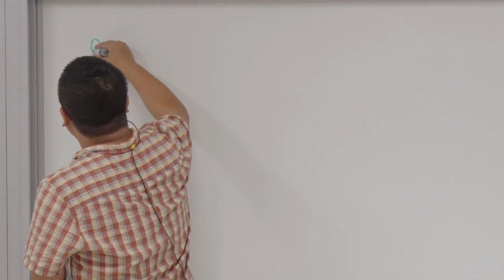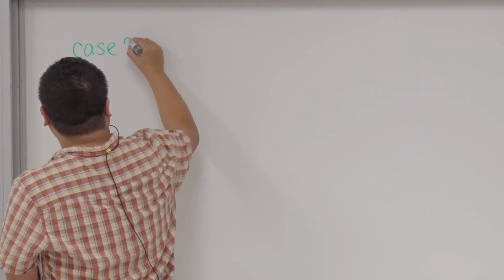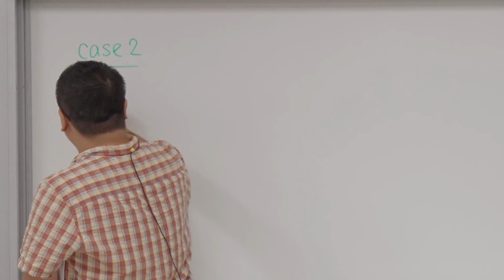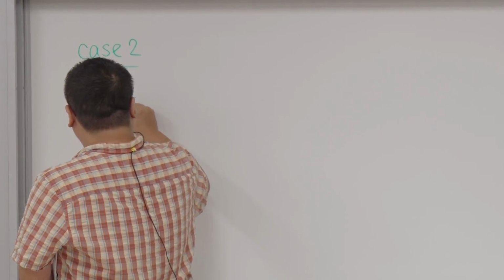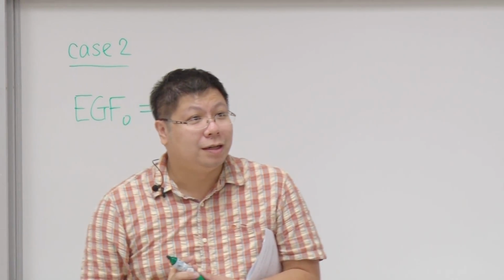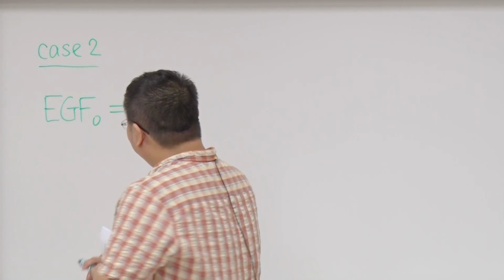So case 2 will be similar to case 1. This time the EGF for 0 will be equal to what? This time we need odd. So believe me, it should be correct.